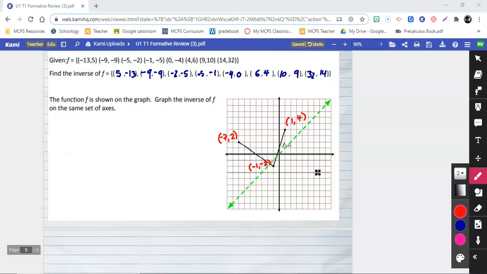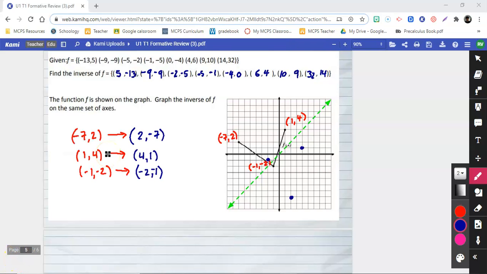Those are the 3 distinct points that I can label. Now switching your x and y, your negative 7, 2 becomes 2, negative 7. Your 1, 4 becomes 4, 1. Your negative 1, negative 2 becomes negative 2, negative 1. Plotting those points, the inverse of the original points in the same axes, we will have these 3 distinct points.